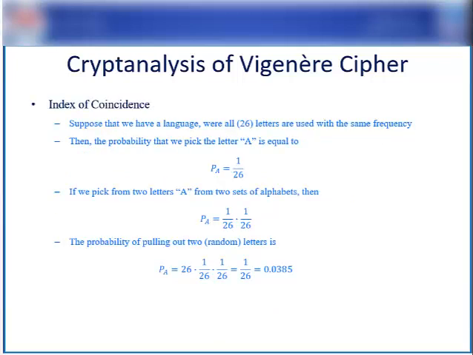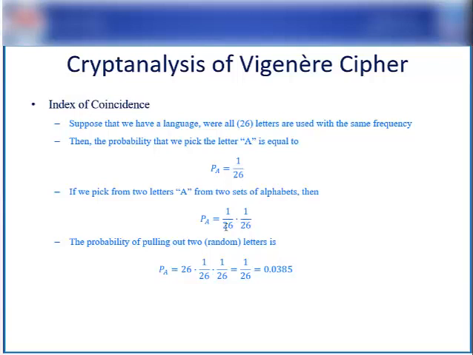Suppose that we have a language where all 26 letters are used with the same frequency. Then the probability that we pick a letter A is equal to 1 over 26. I think it is quite clear. So if we try to pick 2 letters A from the set of alphabets, then we would have 1 over 26 multiplied by 1 over 26.